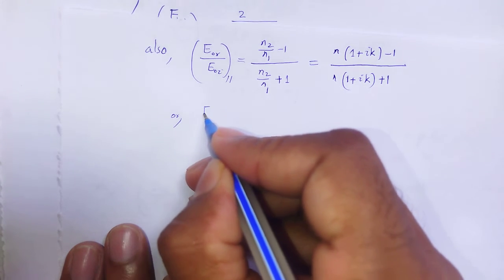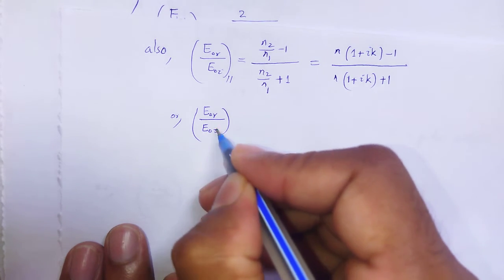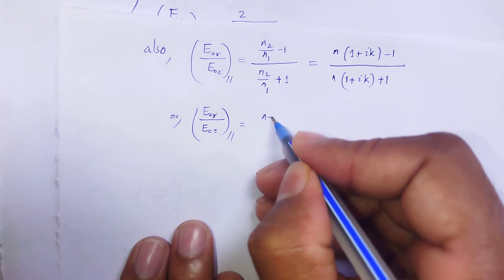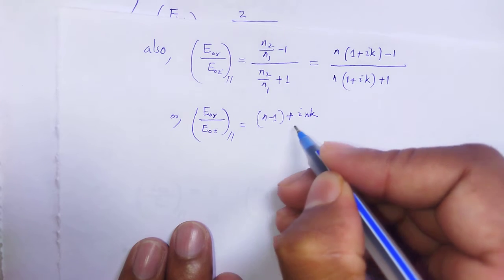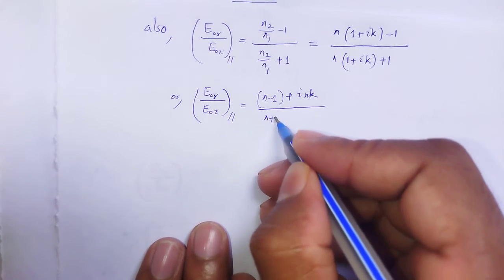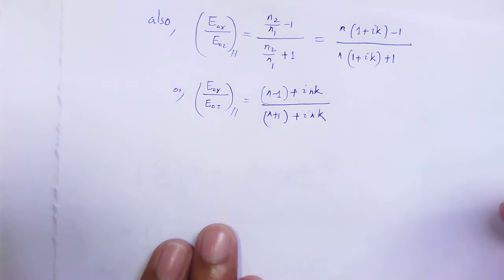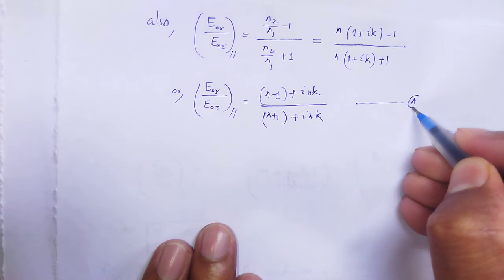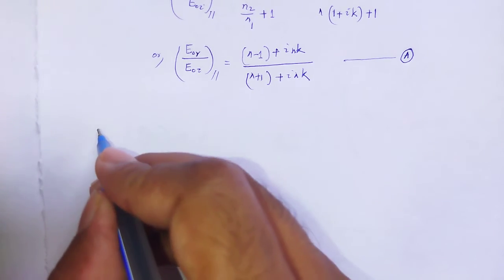Therefore, EOR to that of EOI at parallel situation is n minus 1 the real part, I n k imaginary part, next n plus 1 real part plus I n k imaginary part. Let the equation number be A. This one is needed to calculate the reflection coefficient.